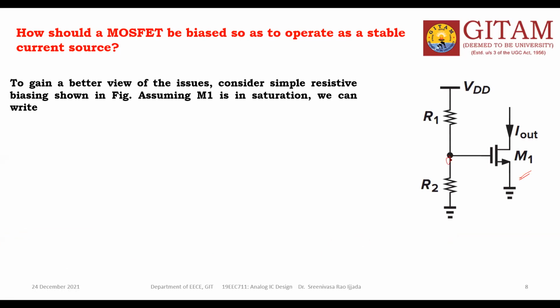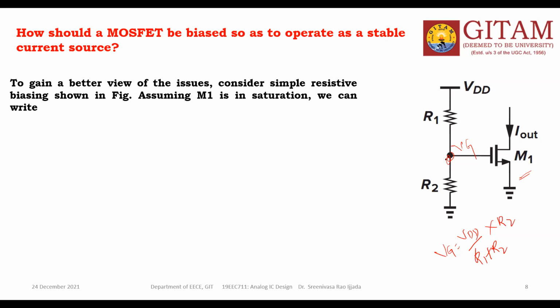Am I correct or not? This is the VZ voltage. What is the VZ voltage? VZ is equal to VDD by R1 plus R2, which is the current, multiplied with R2, which is the voltage.